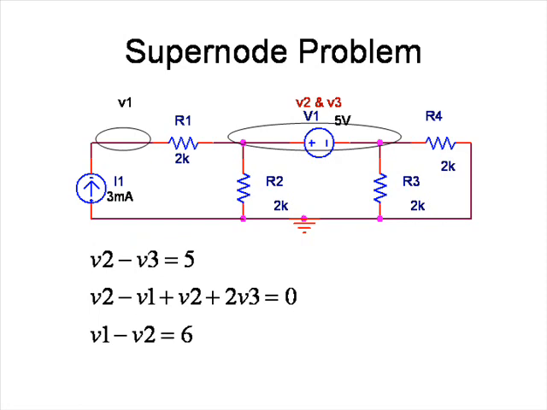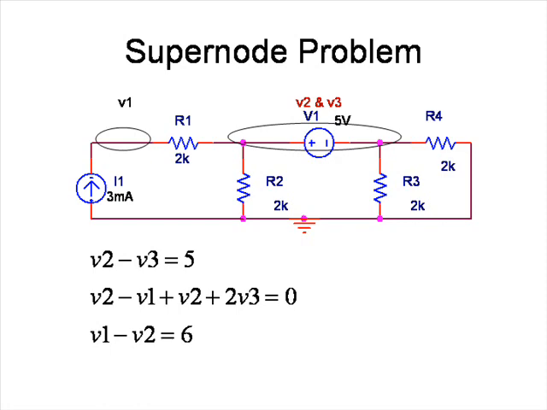And we receive the following. V2 minus V3 equals 5, V2 minus V1 plus V2 plus 2V3 equals 0, and V1 minus V2 equals 6. And just a quick reminder, this third equation here, we multiplied 0.003 by 2K. Remember, it is not 0. It's not like the second equation.